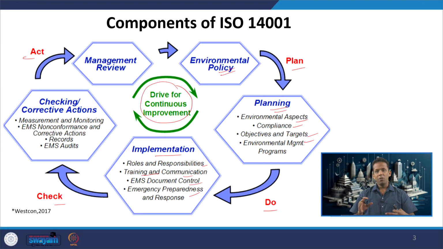So, whatever is planned in the planning stage, when it is executed in the implementation stage, it is like performing the action, but here in the PDCA cycle we call it check. To check something we have to do something first, right.